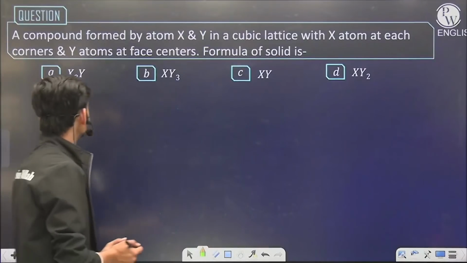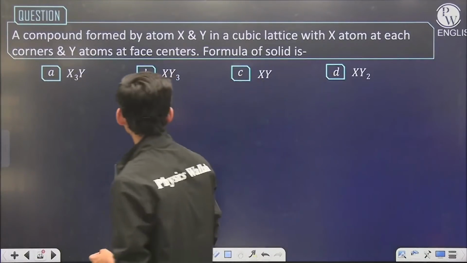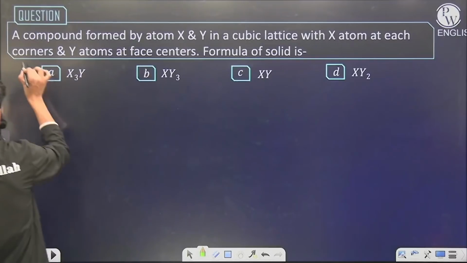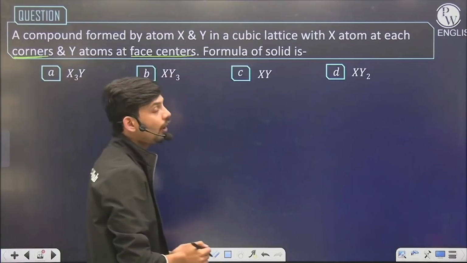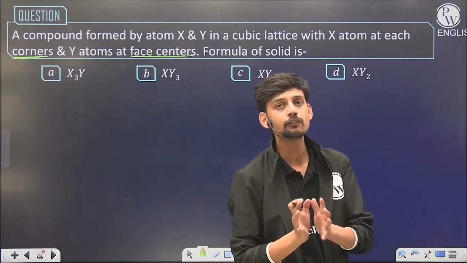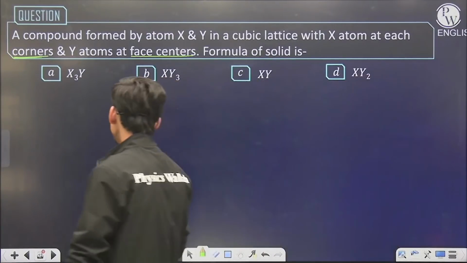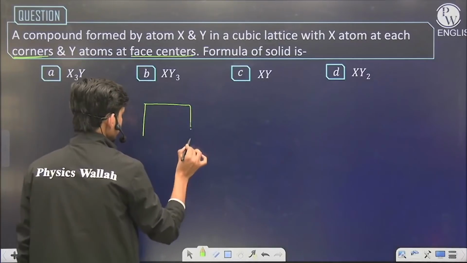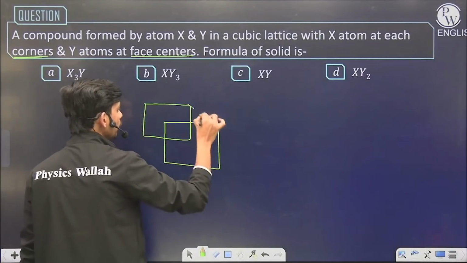Let's first see this question. A compound formed by X and Y in a cubic lattice, with X atoms at each corner and Y atoms at face center. The formula of the solid is? These types of questions are done with the help of rank. How? Let's see. The better way is to visualize the solid or draw the proper diagram.